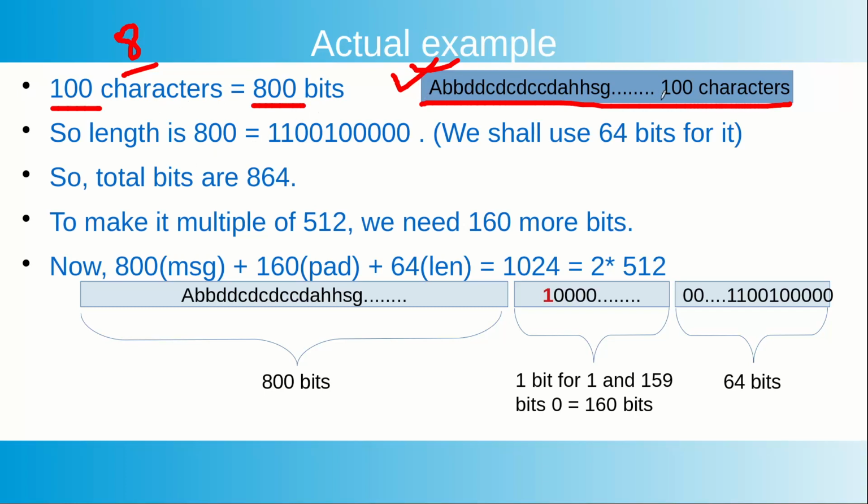Now that is the length of the text, which is 800. Now how many bits are required to represent this 800? So this is actually this one. So this is essentially the binary representation of 800.